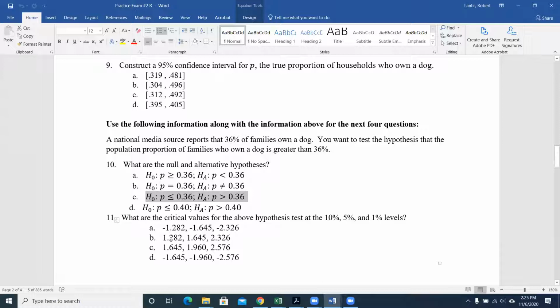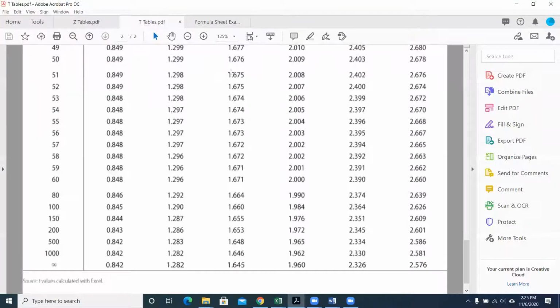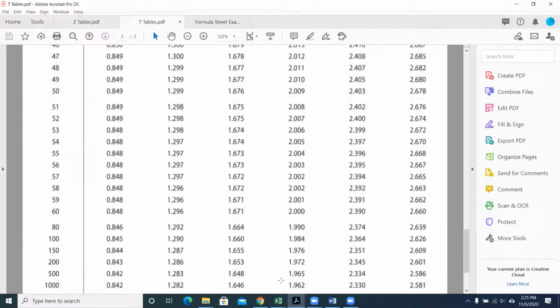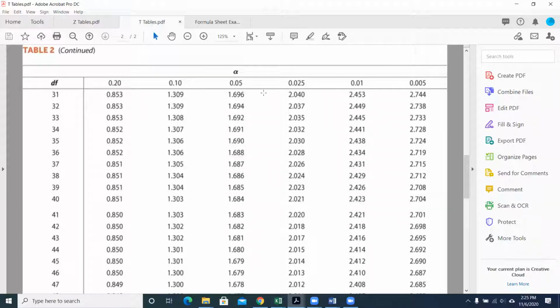Right? Now, I could actually do this another way as well, which, I won't say it's cheating, but it makes it a little bit easier. If I go to my student t table and I remember this very last row, if I had a student t distribution that had infinite degrees of freedom, it would be a standard normal distribution. So this last row tells me the values for the standard normal distribution that give me these different areas in the tail, right?